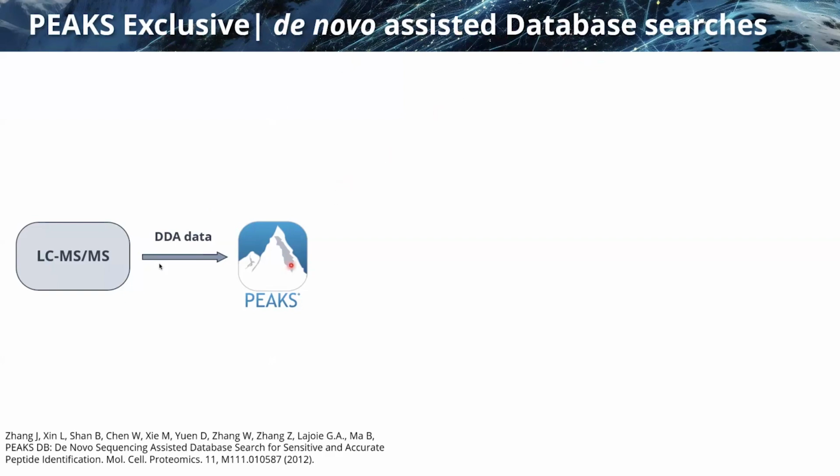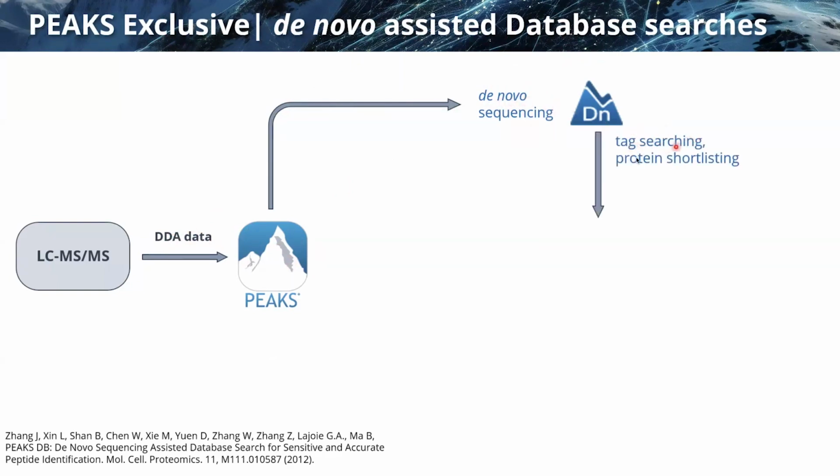So let's first take a look at a classical general proteomics DDA experiment. You know that we always do de novo sequencing as the first step. And this result is then used for some tag searching for protein shortlisting, which then allows for an improved search space during the peptide spectrum matching.